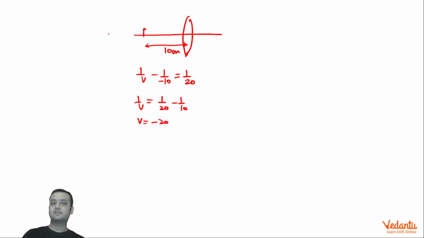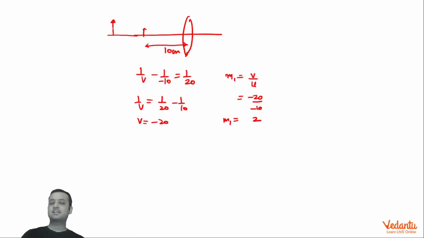That means the image will be formed somewhere over here. If you calculate the magnification, m1, the formula is v by u. v is -20 and u is -10. That means magnification comes out positive, so the image will be erect, formed somewhere like this, twice the size of the object.